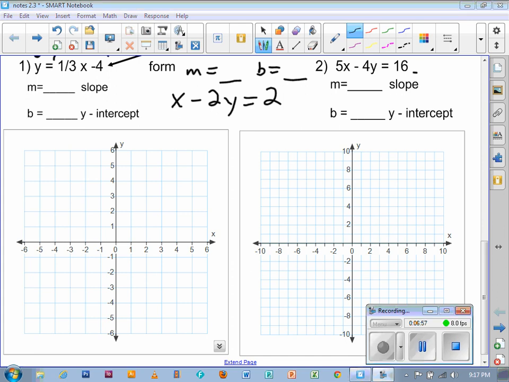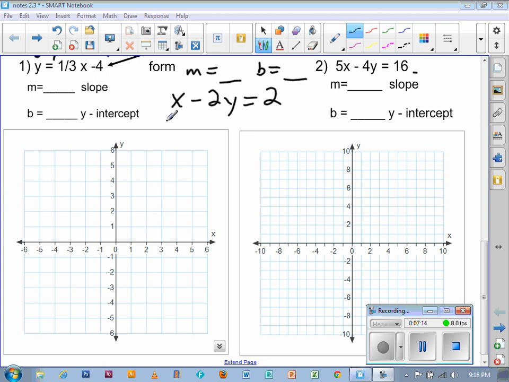Welcome back. Hopefully you were successful. So if we're looking at this equation, it is not solved for y, so we have to first solve it for y, and that's probably going to be where you're going to have most of your difficulties. And again, it's like solving a literal equation.